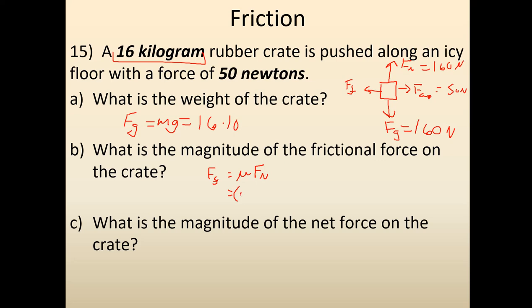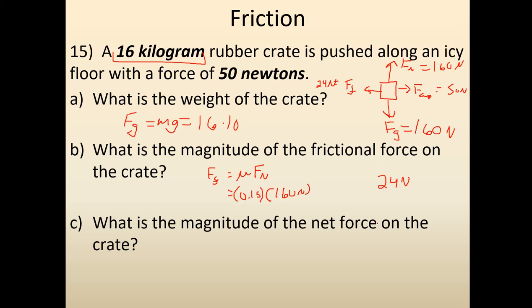There's only the kinetic one, so clearly this is a moving scenario. So 0.15 times 160 is 24 newtons. So the frictional force acting on this block is 24 newtons.